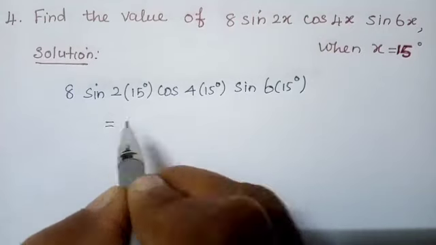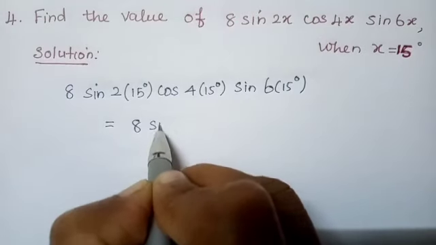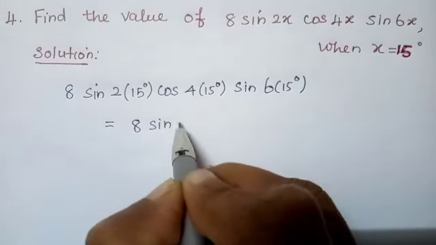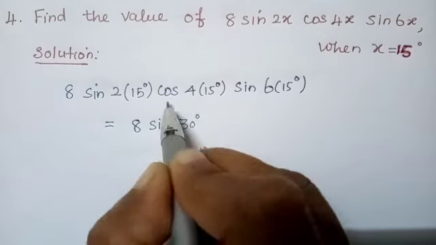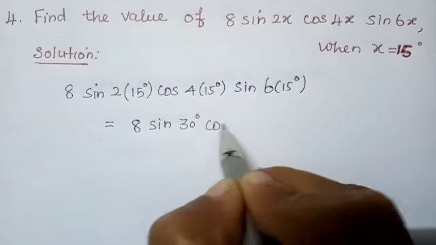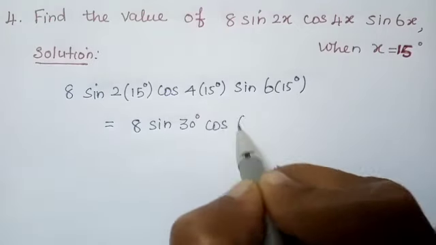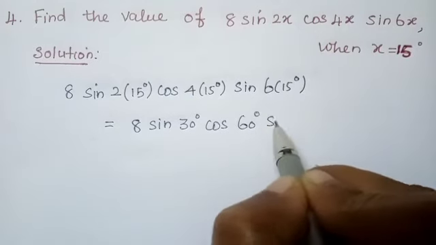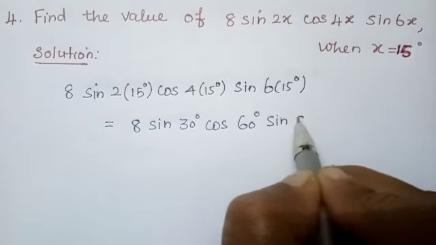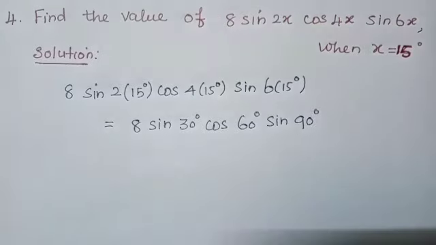Next multiply this: 8 sin 2 into 15 that is 30 degree, cos 4 into 15 is 60 degree, sin 6 into 15 equal to 90 degree.